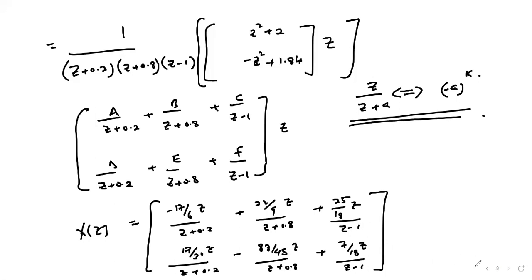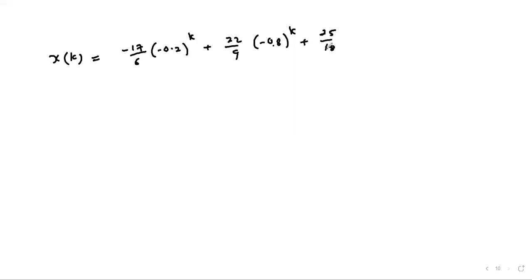That means we can write our X of k as negative 17 over 6 into minus 0.2 to the power k, plus 22 over 9 into minus 0.8 to the power k, plus 25 over 18.